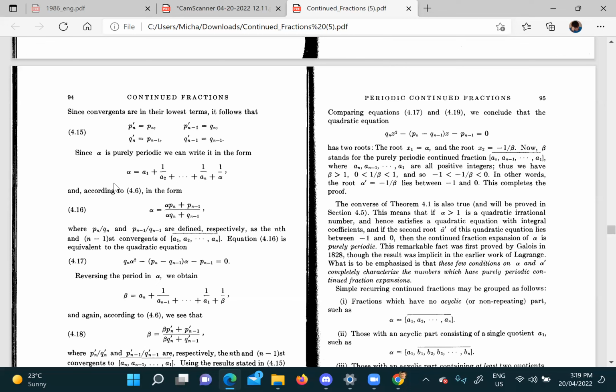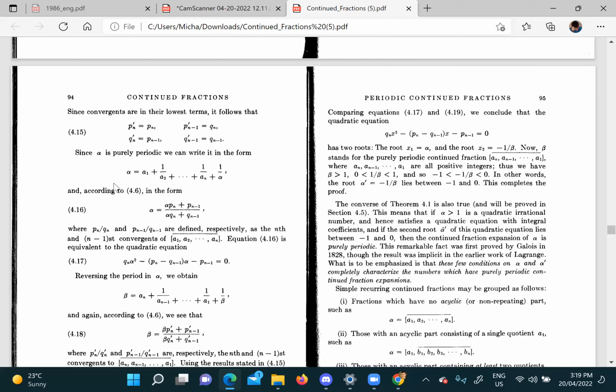So that means if one root is between -1 and 0 and the other one's greater than 1, and they're both roots of a quadratic equation with integer coefficients, then the continued fraction of alpha is purely periodic.